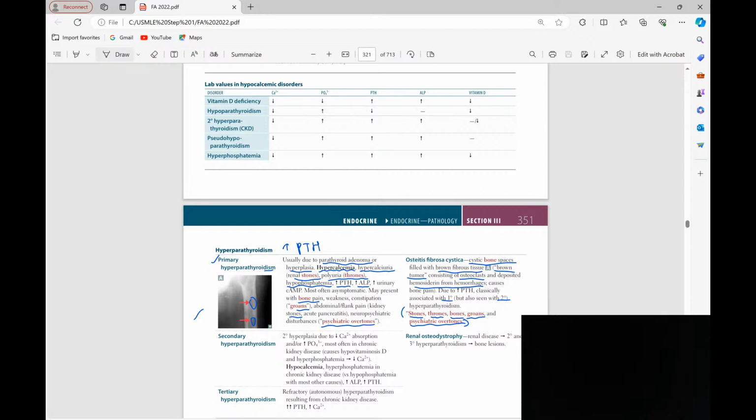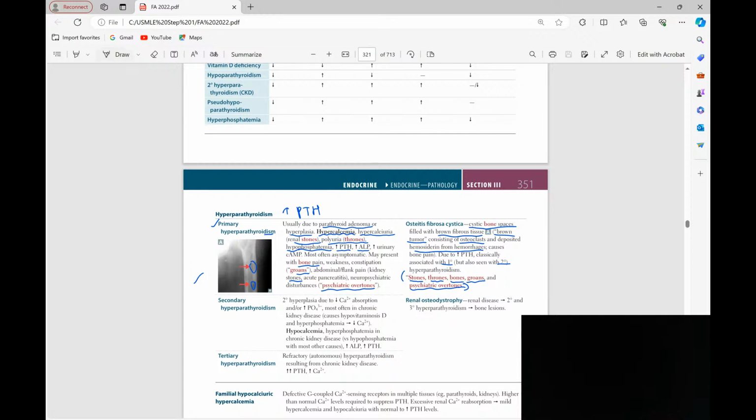Now, let's talk about secondary hyperparathyroidism. The main difference is that there is hypocalcemia. Due to many reasons, there has been a decrease in calcium level in the blood, and so the body will try to increase the calcium level. To do so, it causes secondary hyperplasia in the parathyroid gland, because there has been decreased absorption of calcium and increased phosphate.